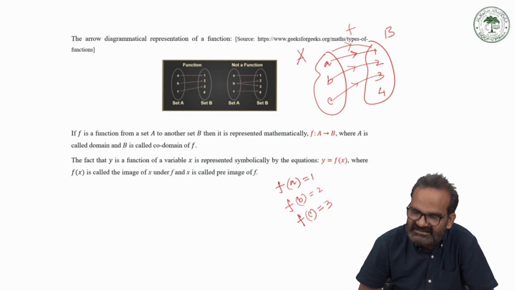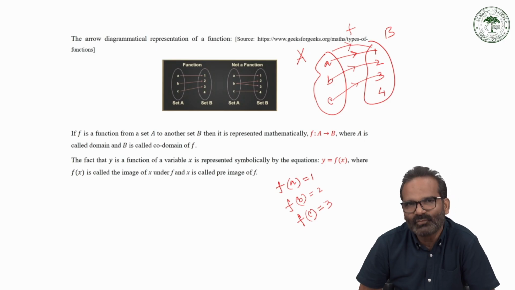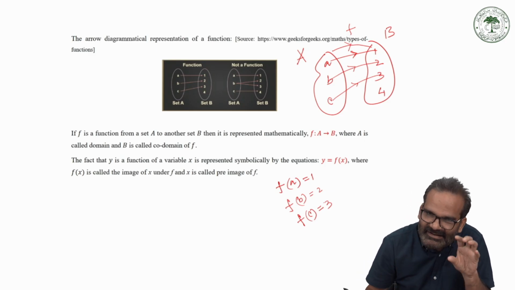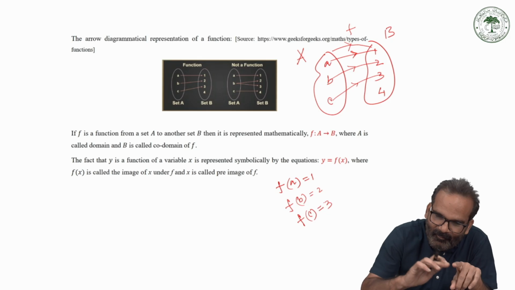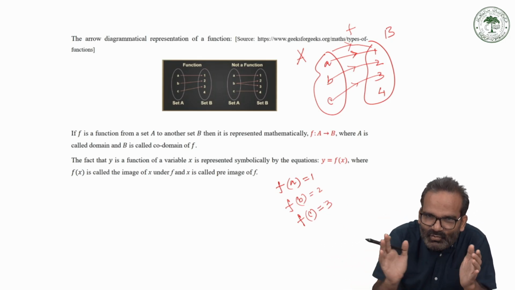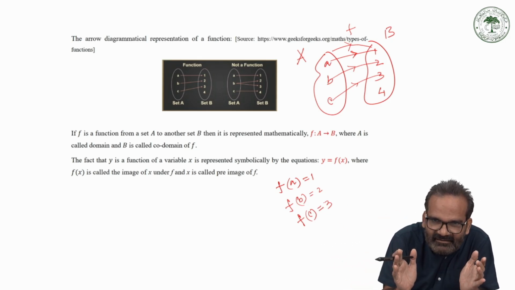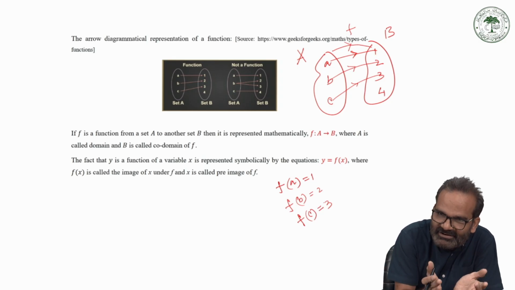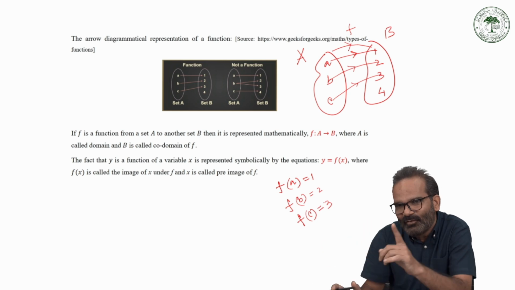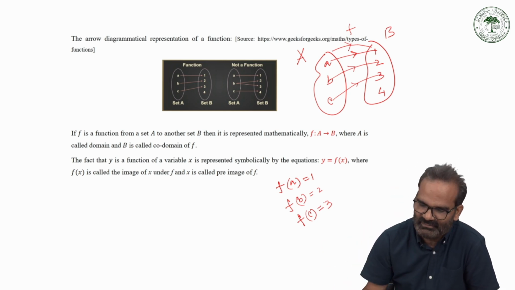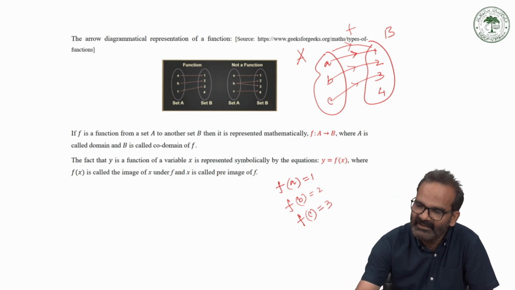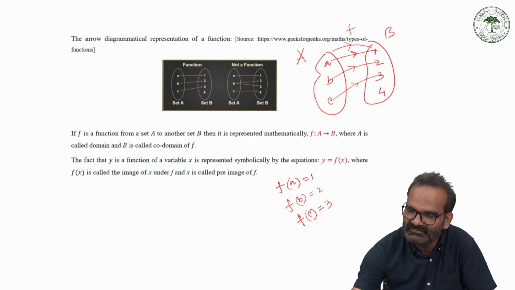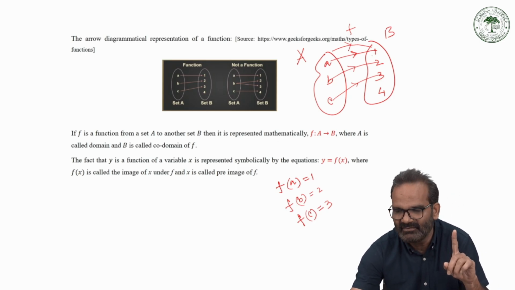Now look at this example and try to understand whether this is a function or not. What is the meaning of a function? A function is a rule in which every element of the first set must have a unique image in Y, or, in other words, every input must have only one output. You can understand it both ways. Look here: the image of A under f is 1, that is unique, only one.